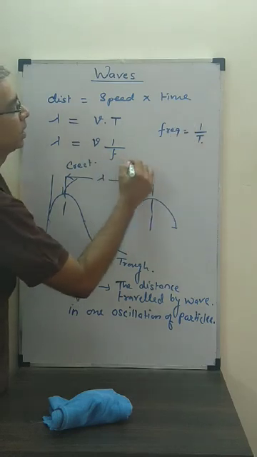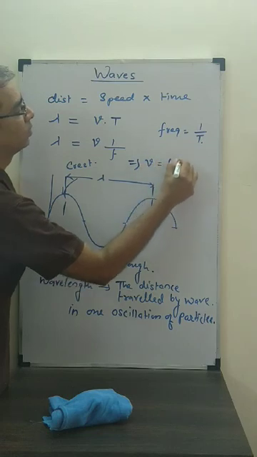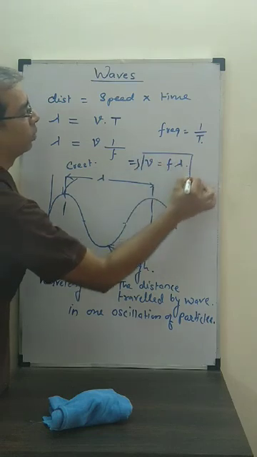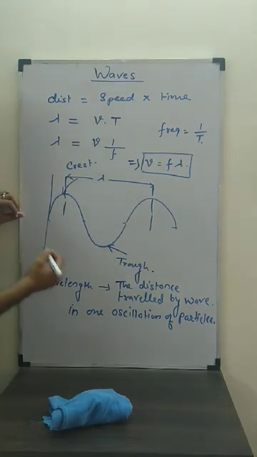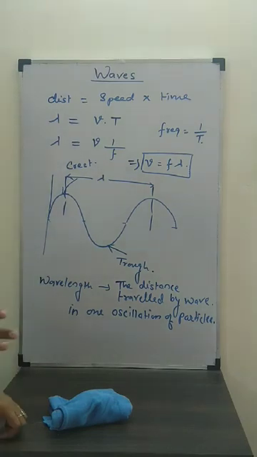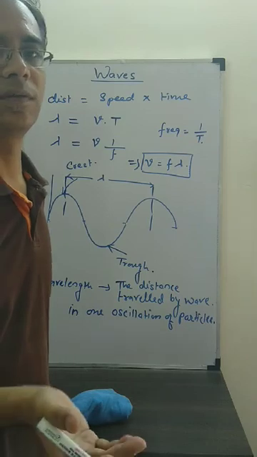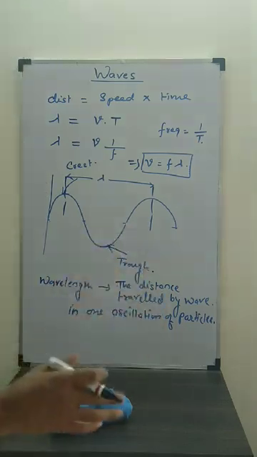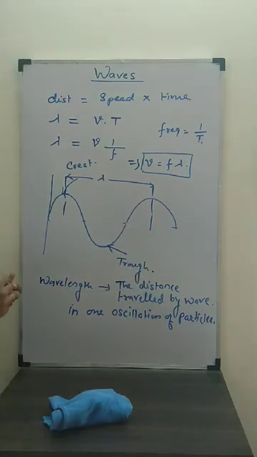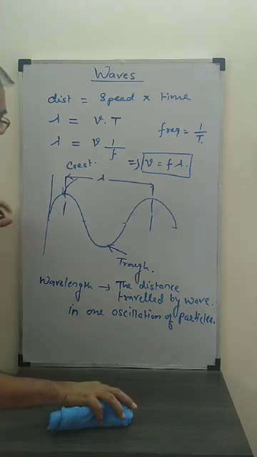So speed we can write as frequency into wavelength. This is a very important, very basic formula of waves, and it is applicable for all types of waves, irrespective of whether it is a longitudinal wave or a transverse wave. So speed is equal to frequency into wavelength.